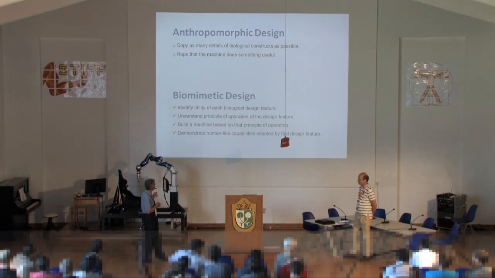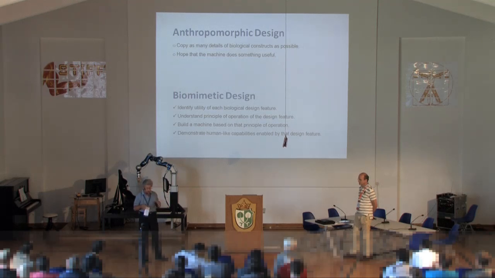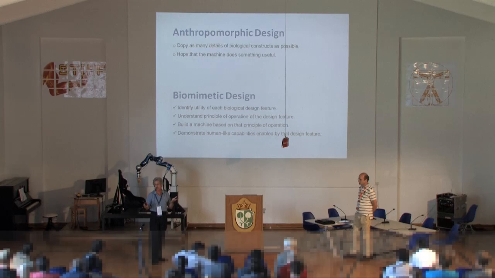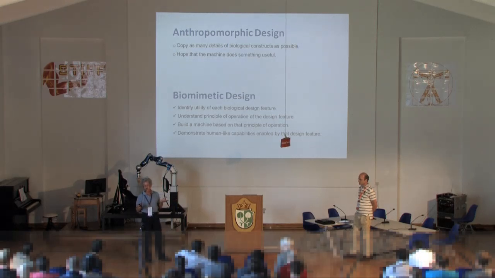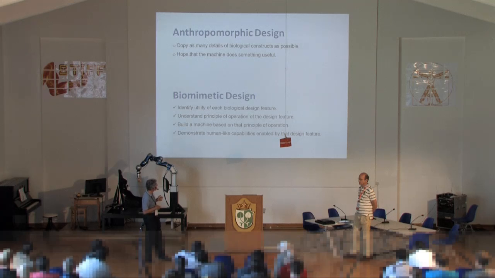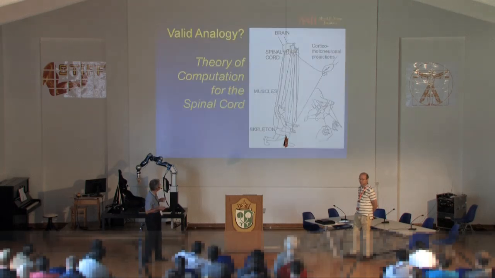What we think is much more useful is to identify the utility of each of the biological design features. They're there, so the question is, what are they good for, and do you care? And if it's useful, can you achieve a similar function with engineered materials or control loops, and then show that including that actually enables some capability that you'd like to have.